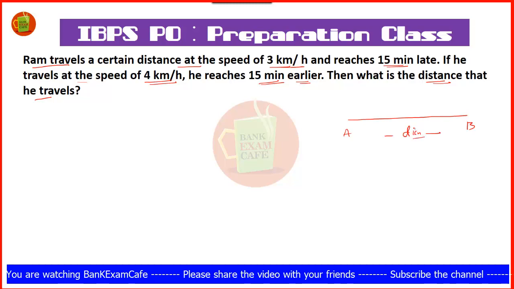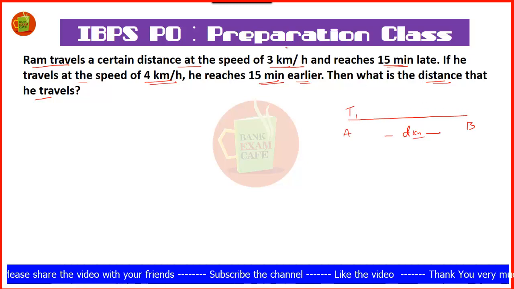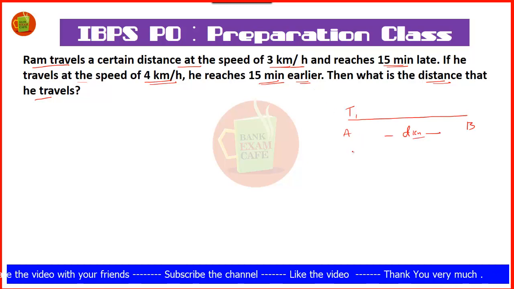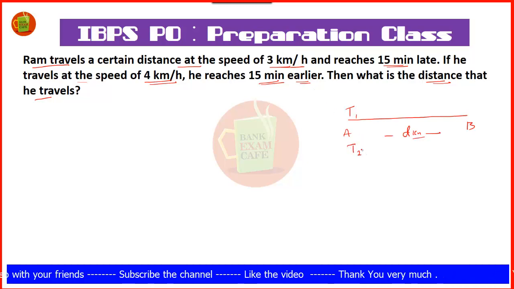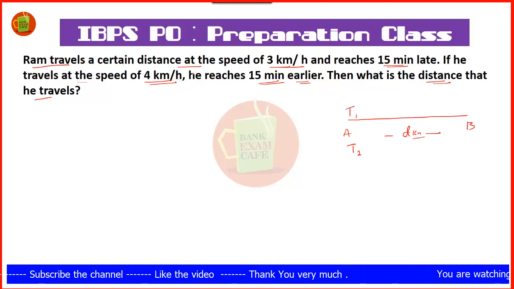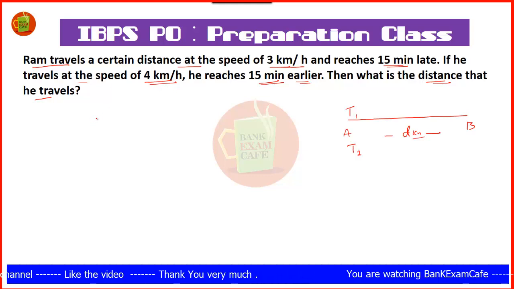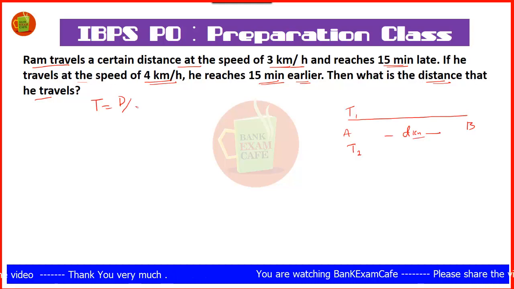So if this is the D kilometer distance, then we can find the time taken to travel from A to B with a speed of 3 km per hour, and we can find another time T2 that is taken to travel the distance D with a speed of 4 km per hour. We know that time is equal to distance upon speed.